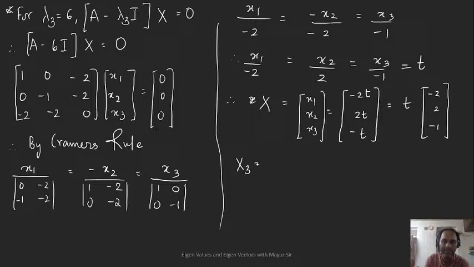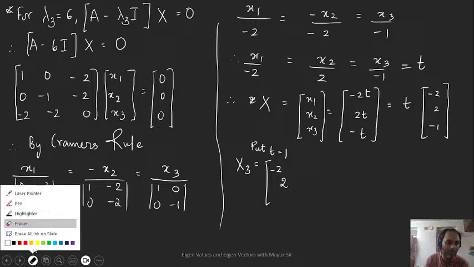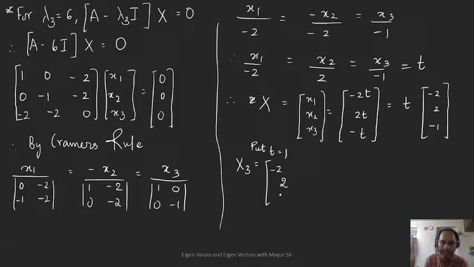So x3, you can put t equal to 1, so x3 is minus 2, 2, minus 1.